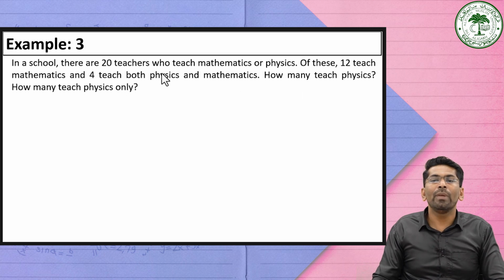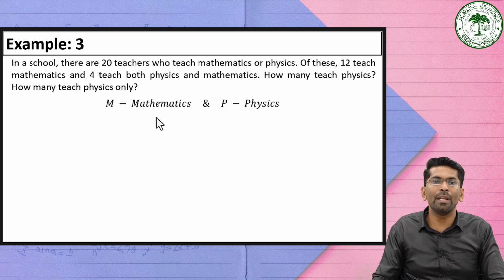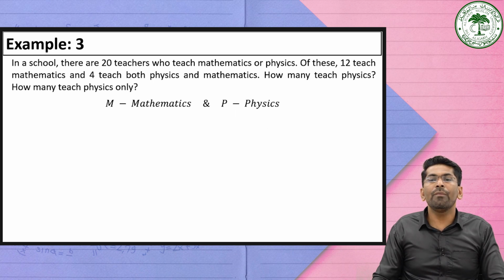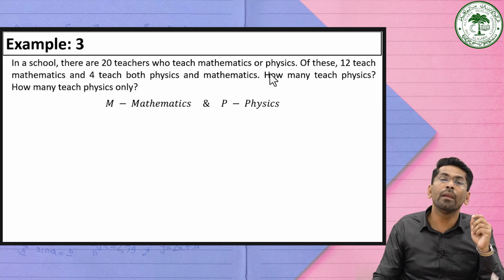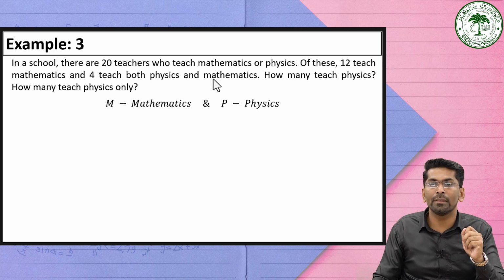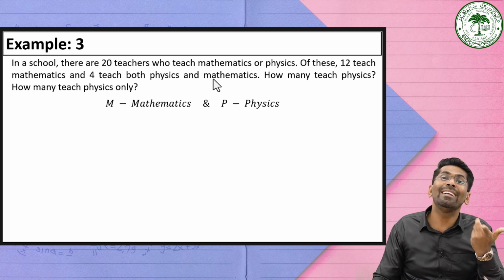Here we can denote the subjects: the number of teachers who teach mathematics I am denoting in terms of M, and the number of teachers who teach physics I am denoting in terms of P. In the given problem, the word used, mathematics or physics, generally gives us a clue for the union. And the phrase physics and mathematics gives us a clue for the intersection.